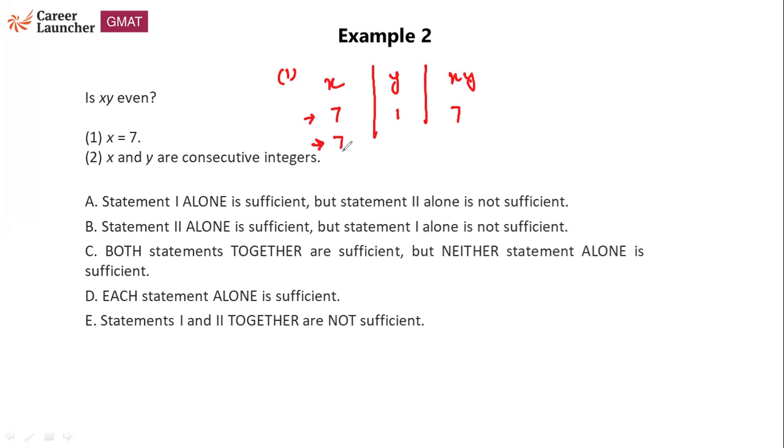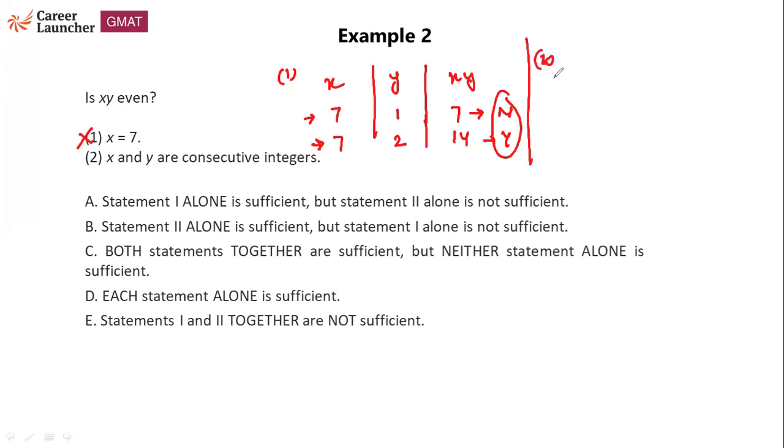If y is even, let's say y is 2, that will be 14. Answer the question, is x into y even? No. Is x into y even? Yes. Are we getting a definite yes or no? Not getting. First statement alone is not sufficient.